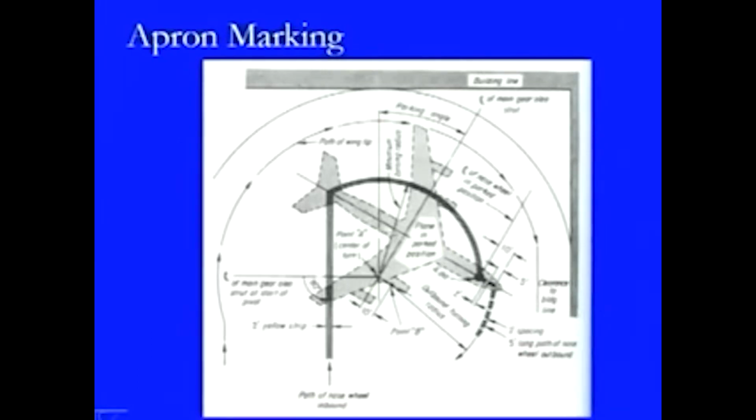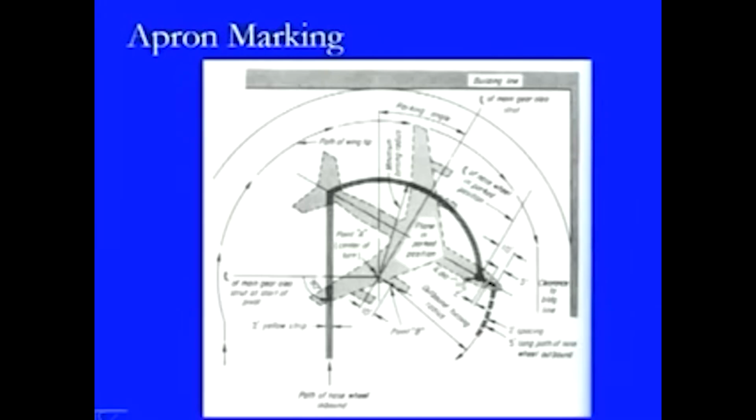This is angled nose-in condition, because this is some angle theta with respect to this building line, because this is an L-shaped building line being provided. And in that sense, if the aircraft is coming from this side, then it will take a turn and stand in this form.